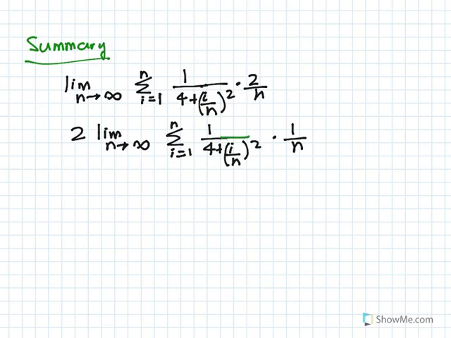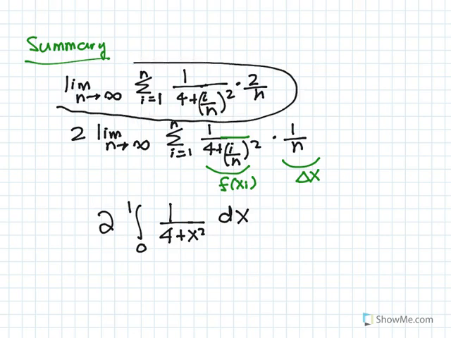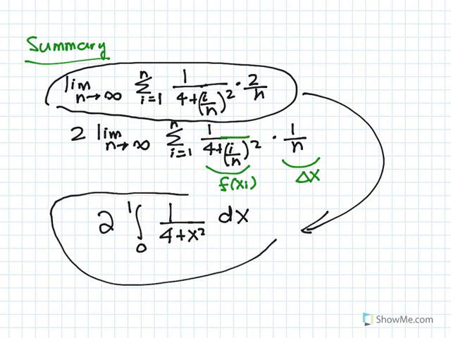This part is a function, that's f of xi, 1 over 4 plus (i over n) squared. This part is delta x. We transform that into a definite integral, and we get 2 times the lower limit 0, the upper limit 1, 1 over 4 plus x squared, that's the function, integrated with respect to x. This is a definite integral. So this Riemann sum was transformed into this definite integral.